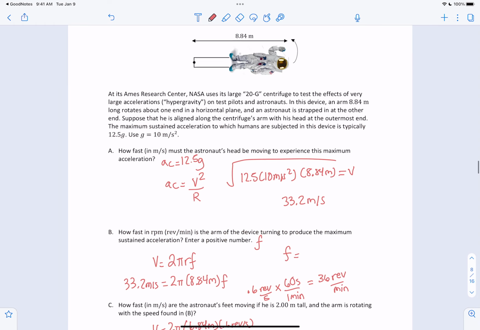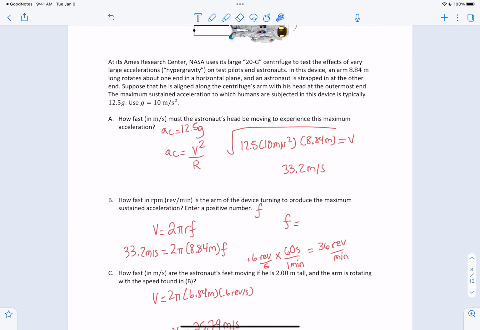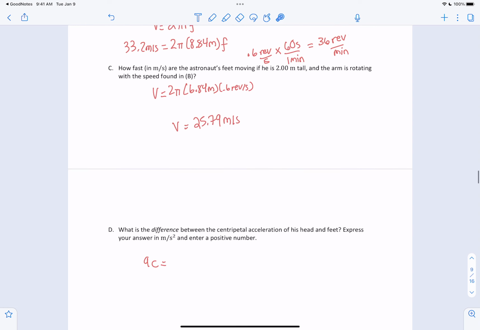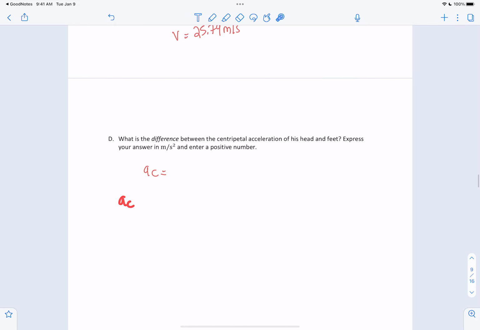We had the centripetal acceleration for his head earlier, and that was 12.5 g, which is 125 meters per second squared. So we want to subtract AC head from AC feet.